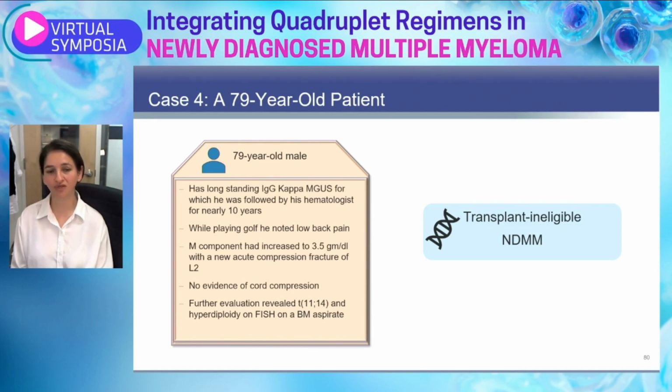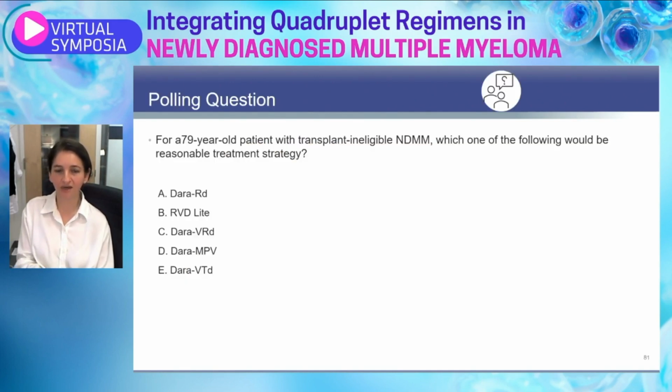There was no evidence of cord compression. On testing of his bone marrow, he was noted to have the 11;14 translocation and hyperdiploidy. So again, with his age 79, he was transplant ineligible, newly diagnosed with these cytogenetic features.